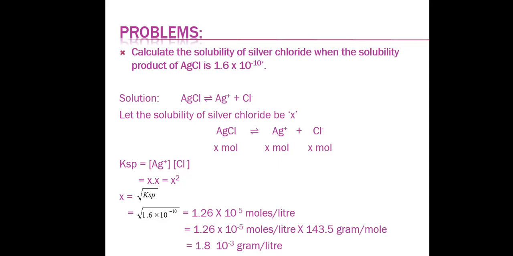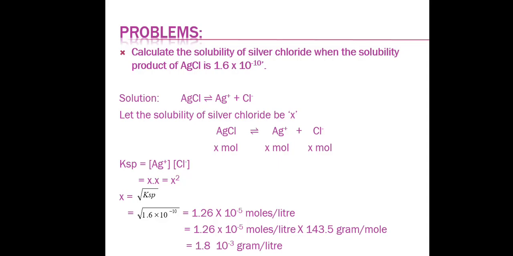Now, writing the solubility product expression, KSP will be equal to, as we have learned, the ionic product. So the ionic product is nothing but Ag plus and Cl minus. We are not raising anything to the power, that means it is 1. Why is it 1? Because in the balanced chemical equation, or the dissociation equation, the number of times the ions occur is 1. That's why we are not raising anything to the power.